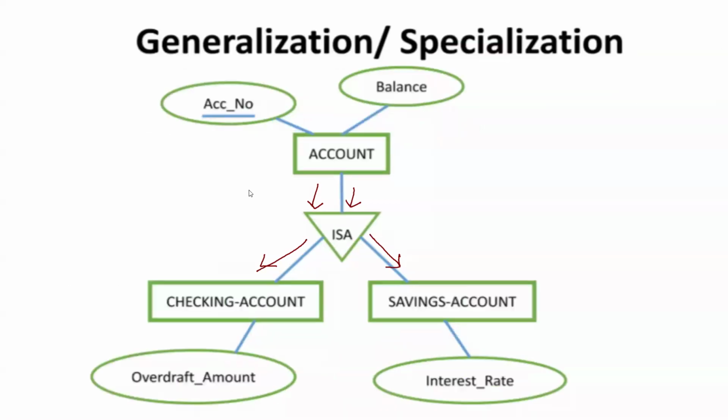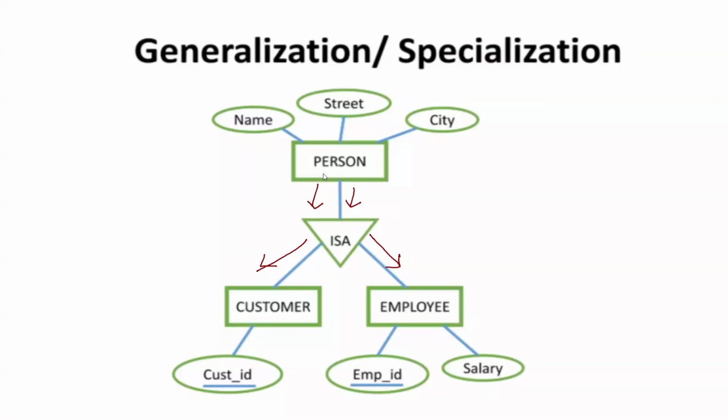So we are saying person is a customer. That means we are giving some special lower level entity to that person. This person is a grouped higher level entity. We are dividing it, subgrouping it into some different lower level entities. That is, person is a customer. This is one specialization. Person is an employee is another specialization.